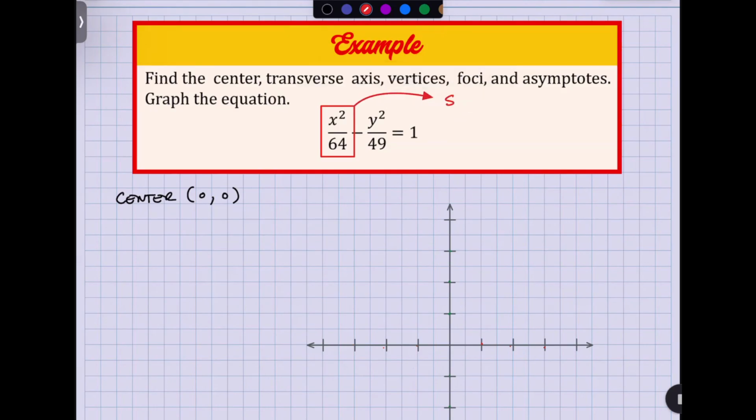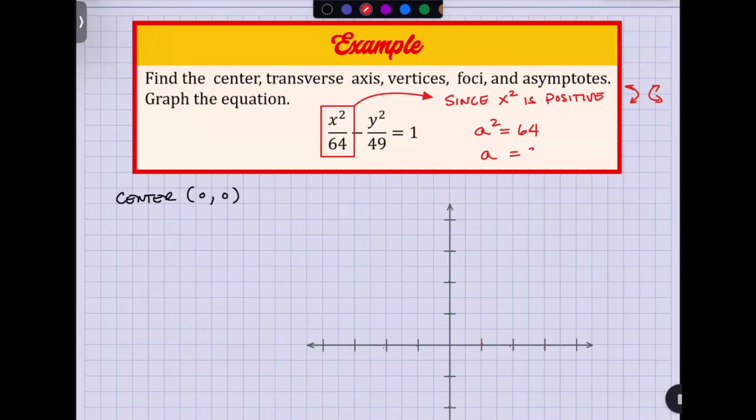So since x squared is positive, you must open in this direction and this direction. Therefore, my a squared is equal to 64.